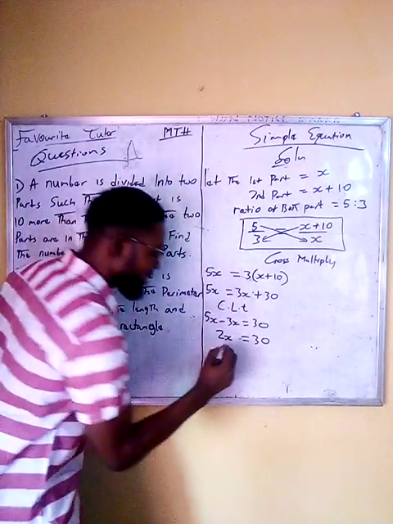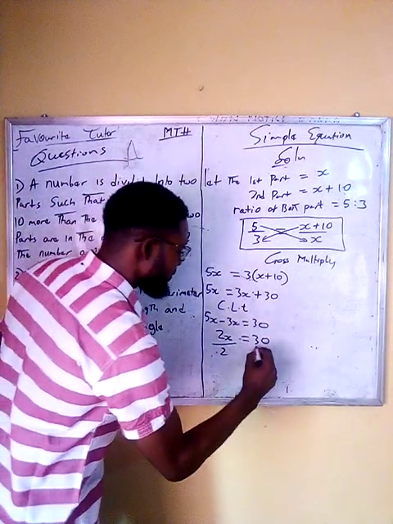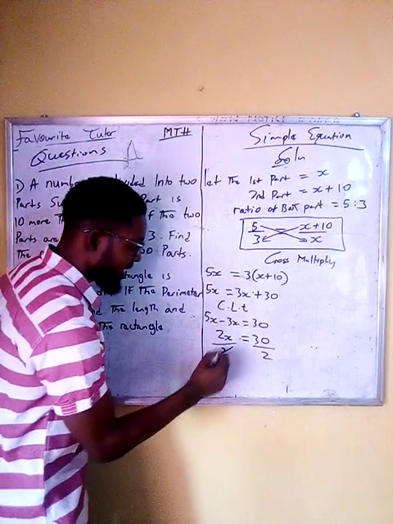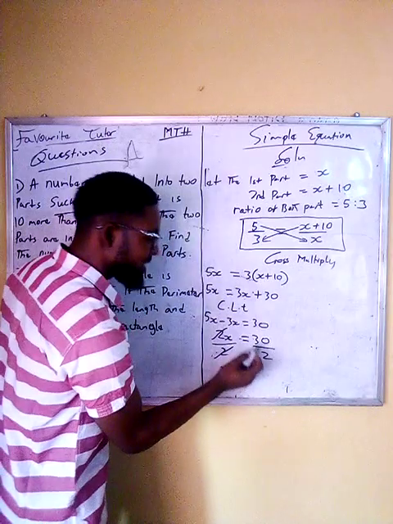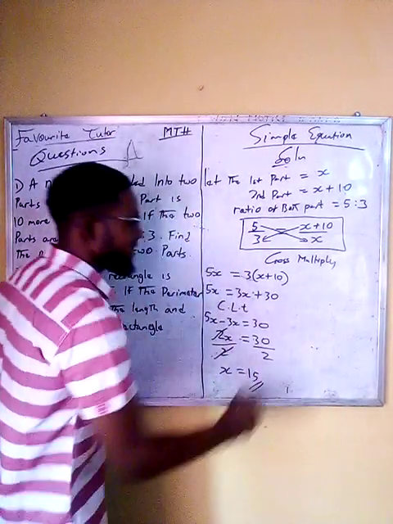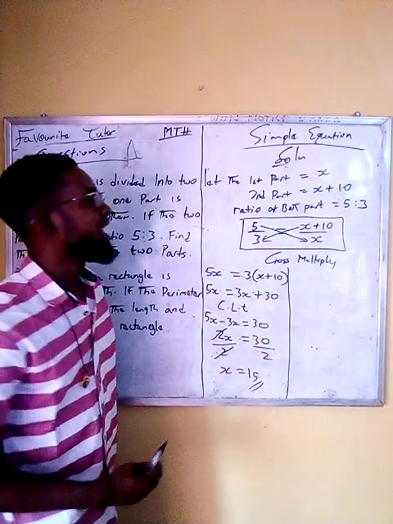Then we divide both sides by the coefficient of x, which is 2. 2 cancels out 2. So therefore x is equal to 30 divided by 2, which is 15. So x is equal to 15.